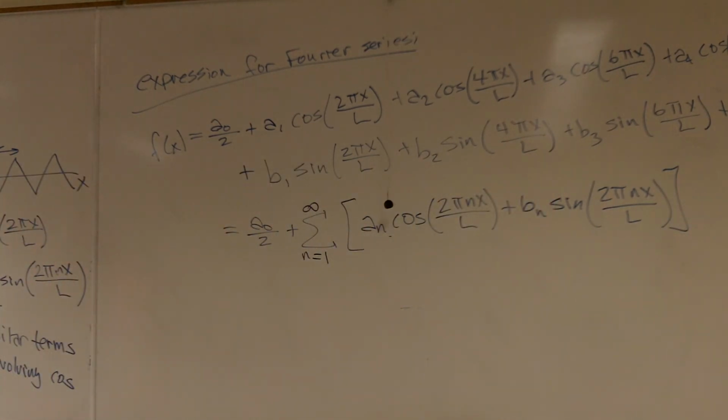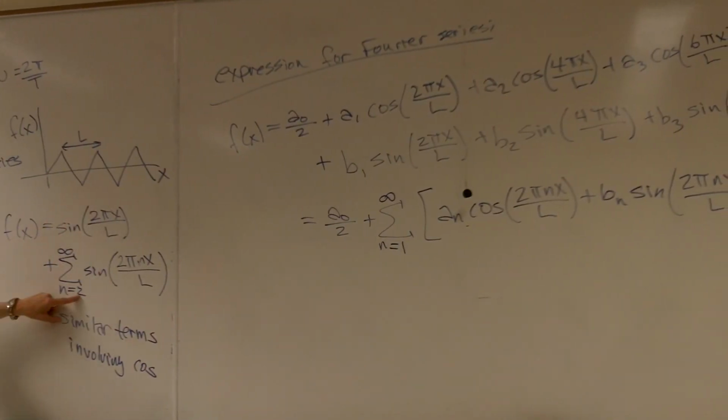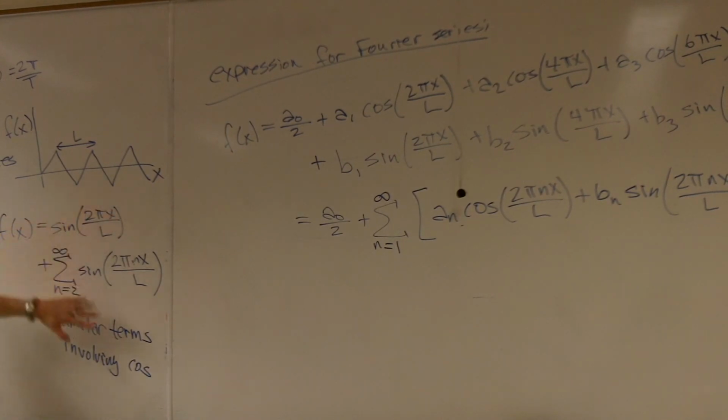Wait, that n should be in there inside the angle? Yeah, because all I've done here is this looks like this with n equals 1. If I'd started the sum at n equals 1, I didn't have to write that term separately, because now it would be included as the n equals 1 term in that summation. That's all I've done.